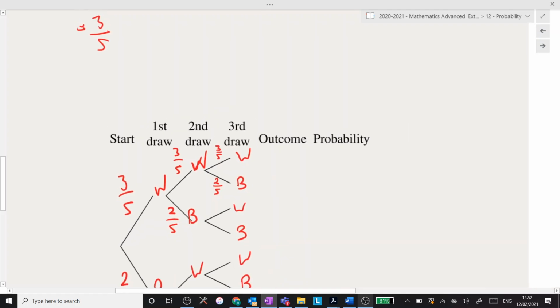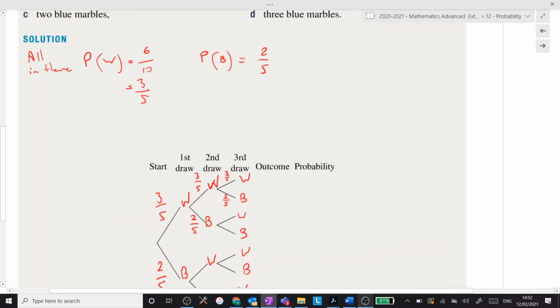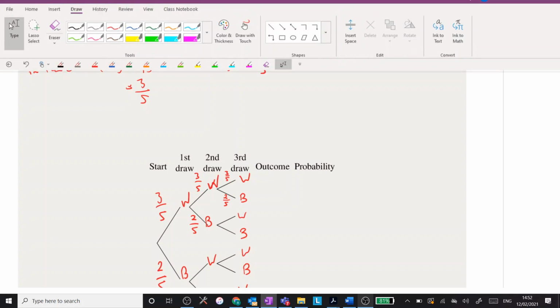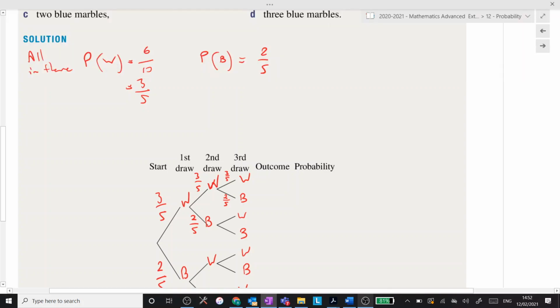All happy with that? Now the other option is that we pull out a blue marble. So if we pull out a blue marble, so we've got 1 blue marble removed, then what? Well, 1 blue removed. There's 6 white.